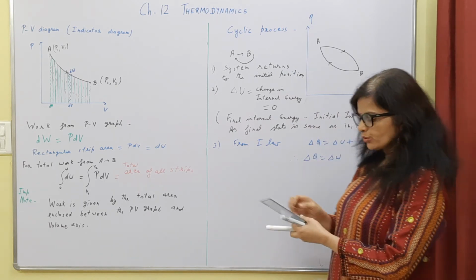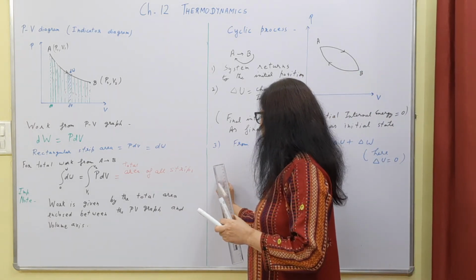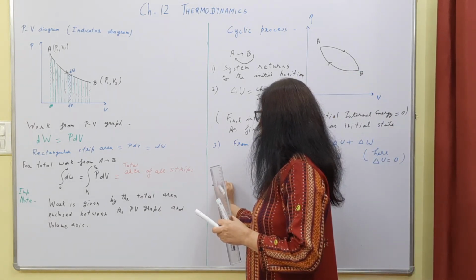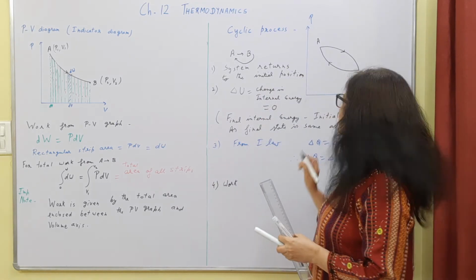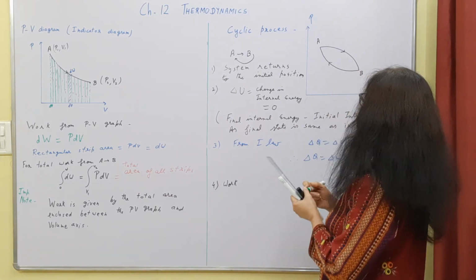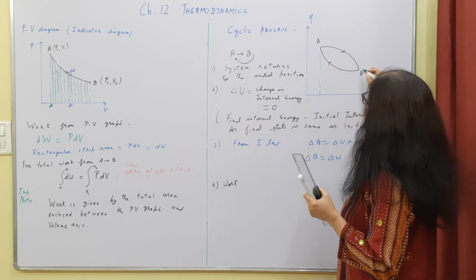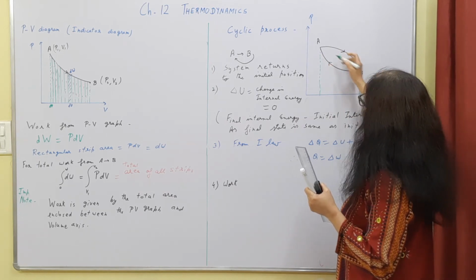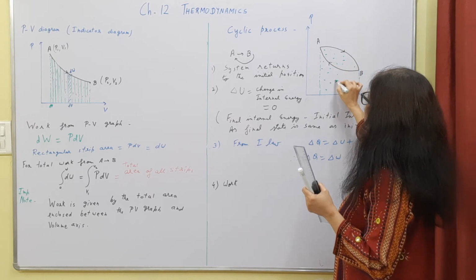Now how to find the work done from this PV graph for a cyclic process? For the A to B transition, the work will be the complete work shown by the green dots.